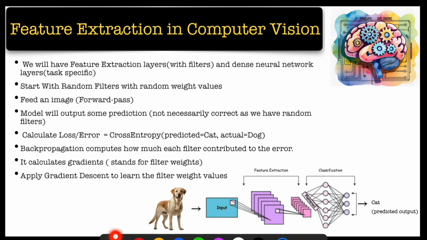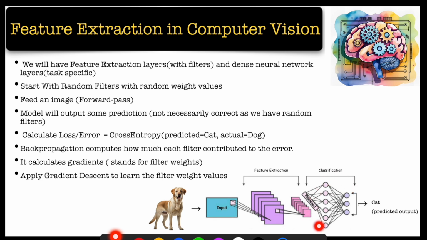Now here we have a quick flow of how it is done. We'll have feature extraction layers with filters and dense neural network layers, which are task specific, whether it's classification, object detection, or some other task with the image.